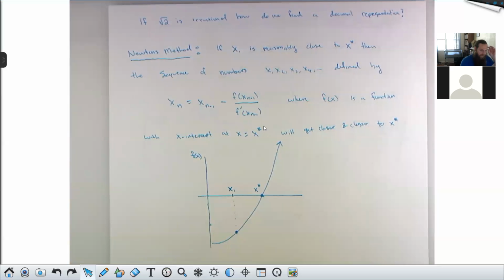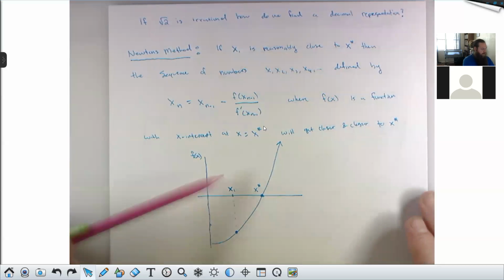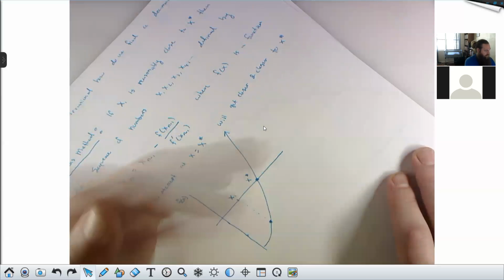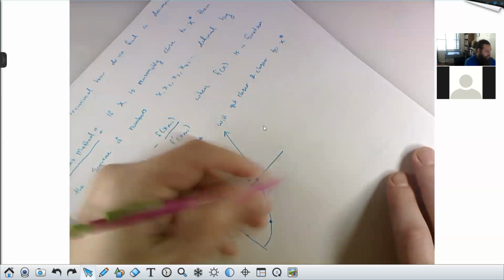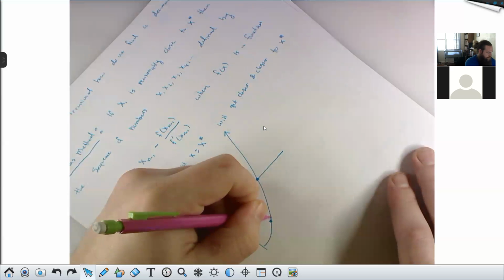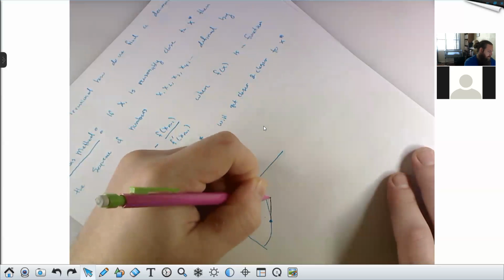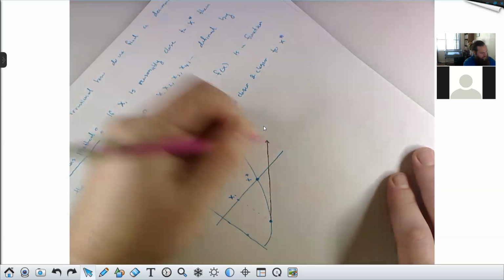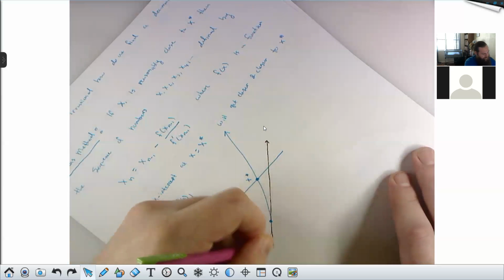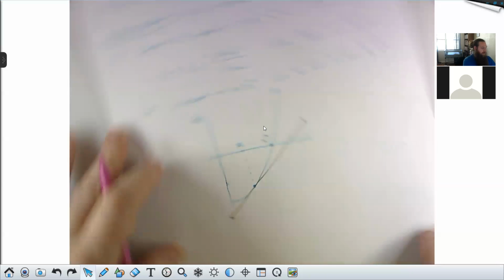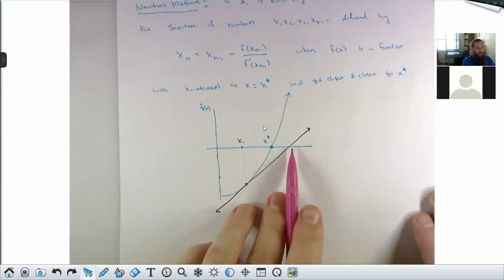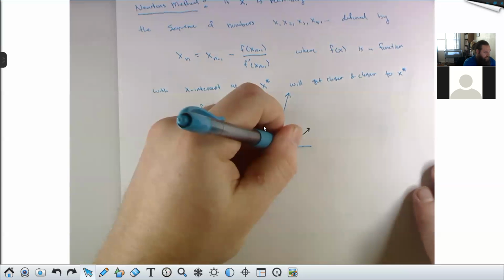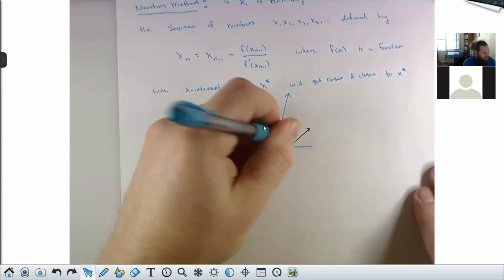Then I construct the tangent line to f of x at my guess. So in this case, that would look like this. And then the place where that tangent line hits the x-axis, that's going to be my next guess, x2.